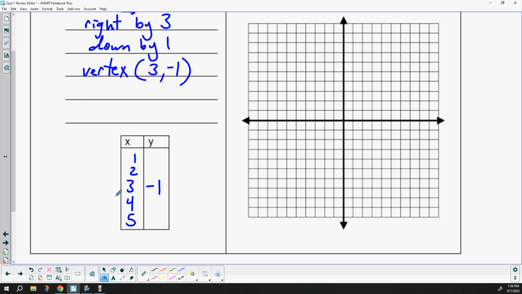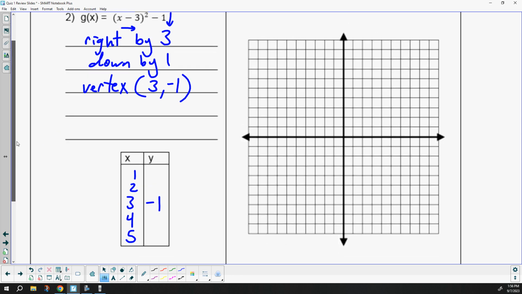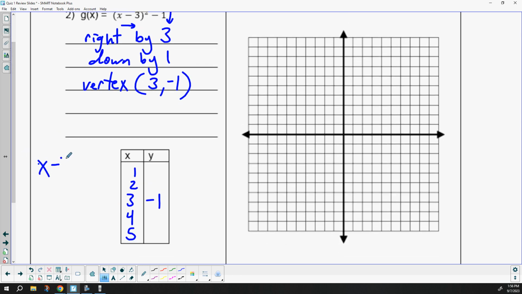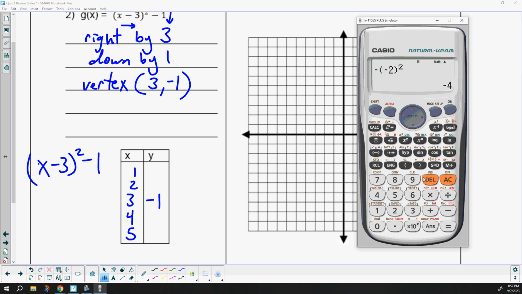Plug this in. What do we have here? X minus 3 squared minus 1. These are inputs, those are outputs. So if I were to get my calculator, again, parentheses, my x in this situation is a 1, minus 3 squared minus 1, we get 3.